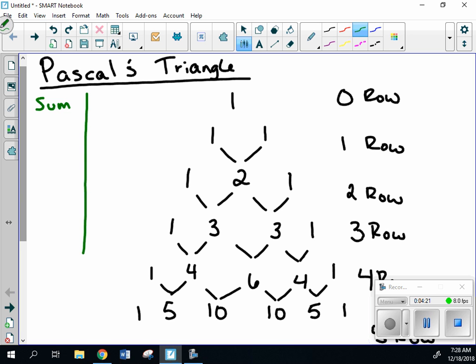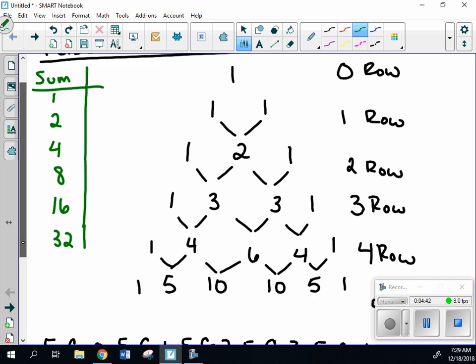So if we look at row 0, the sum of that is 1. Row 1 is 2. Row 2 is 4. Row 3 is 8. Row 4 is 16. Row 5 is 32.